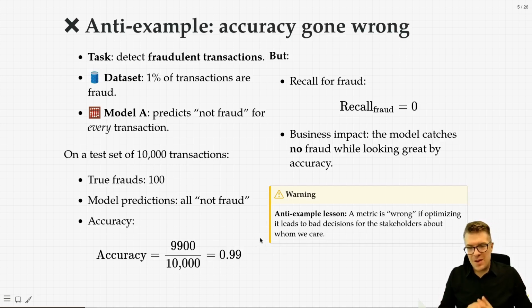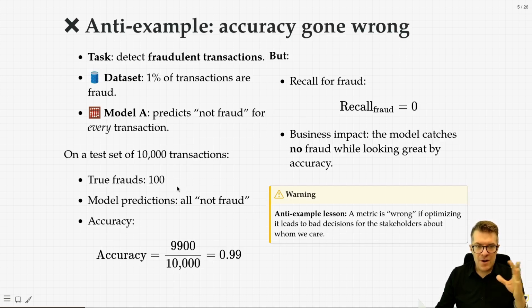And if all we're saying is this model is 99% accurate, it seems intuitively good, like that's a very high mark in a class, so we associate it with a good score. But that's extremely naive, right? As you've already guessed, if the model only predicts not fraud for every transaction, then whenever there's an instance of fraud, the model just will never identify it, because it never outputs fraud as a possible class.